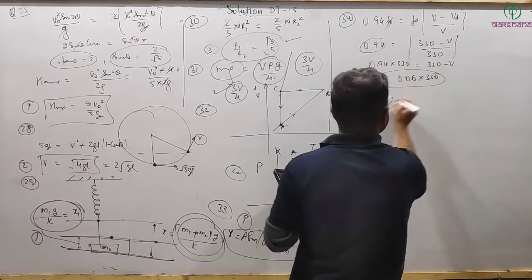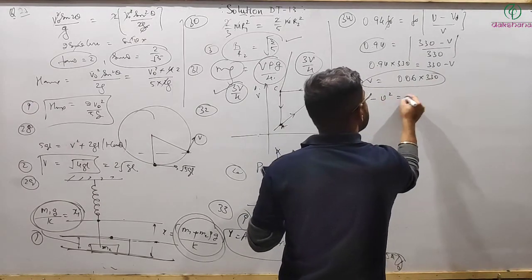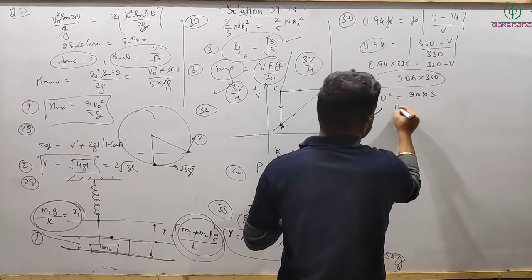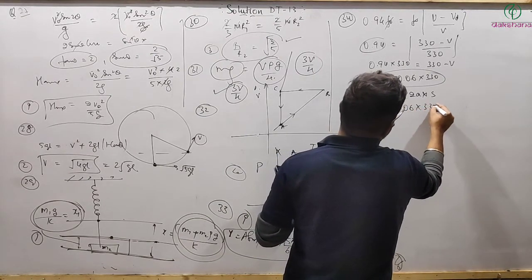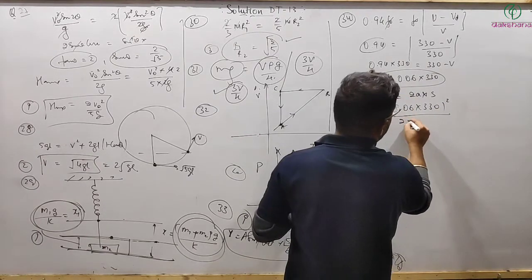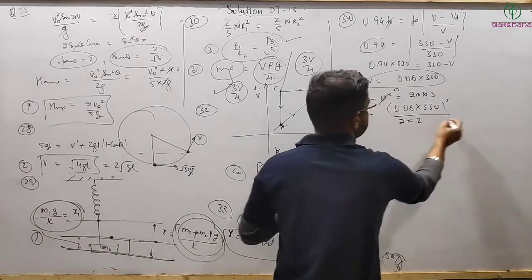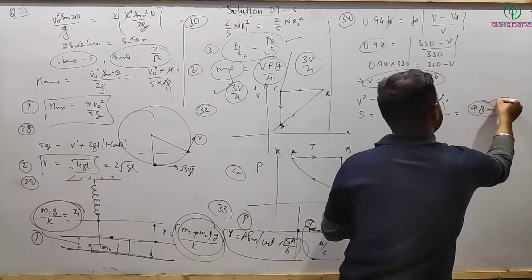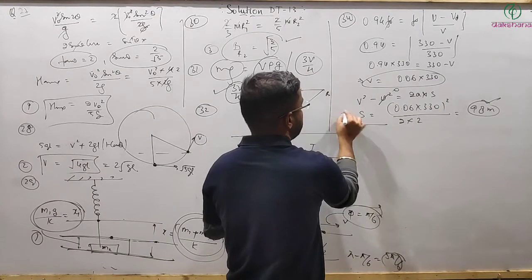This is the final velocity, and we can write v square minus u square is equal to 2a into s. So we are actually asked to find s, that is equal to 0.06 multiplied by 330 whole square, because initial velocity is 0, divided by 2, acceleration is also 2, and solving this we are getting s, and that's coming out to be basically 98 meter after simplifying it. So the answer matching with option number is 4.